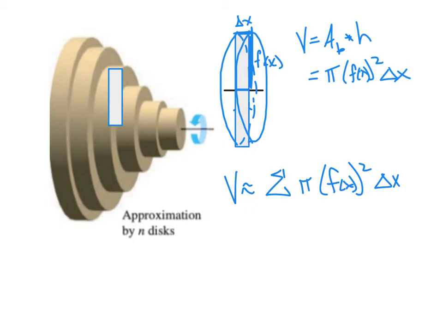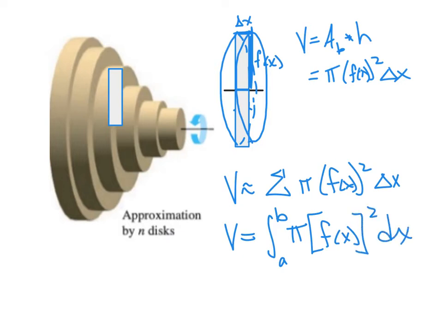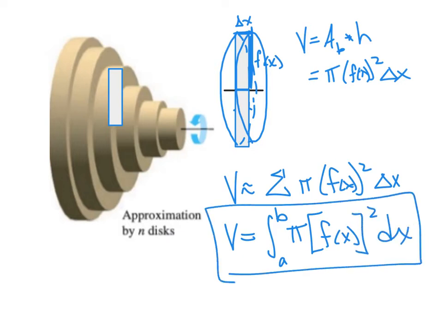And we've seen before that when we let that delta x become infinitesimally small and have infinitely many of these disks in there, we will get the exact volume in the form of an integral from a to b of pi f of x squared dx. And this will be our formula for the volume of a solid of revolution.